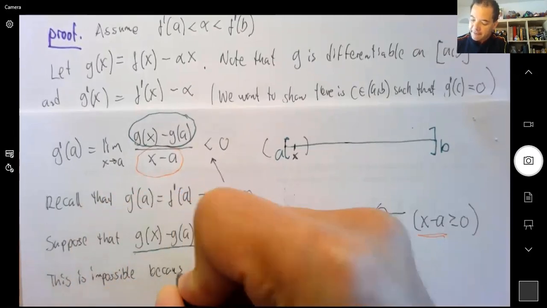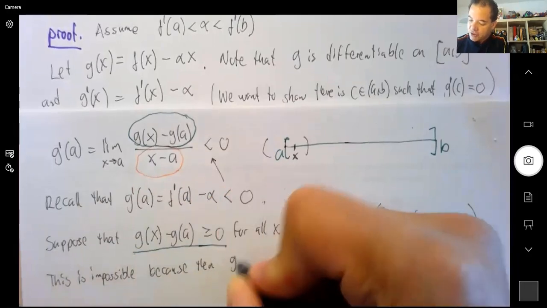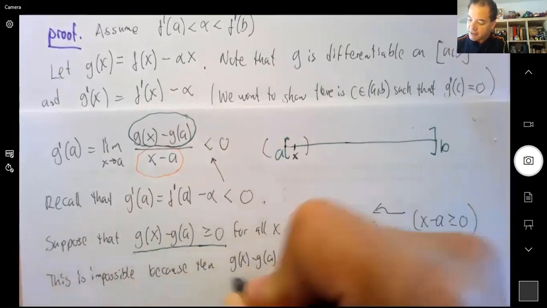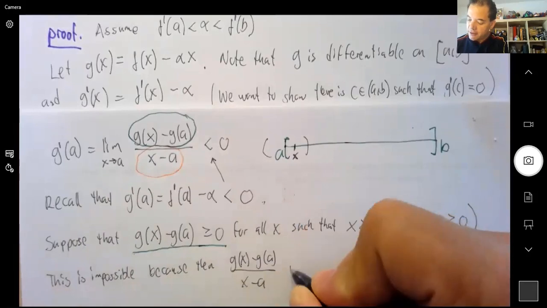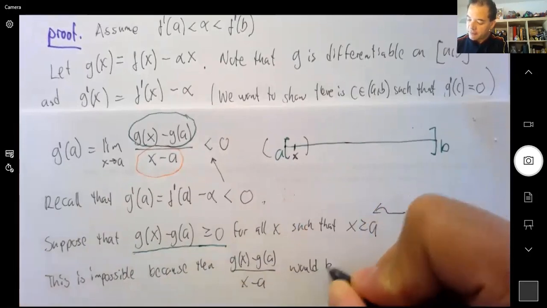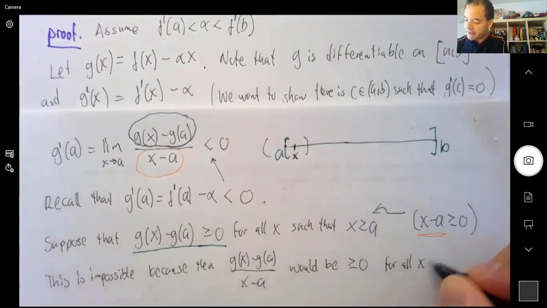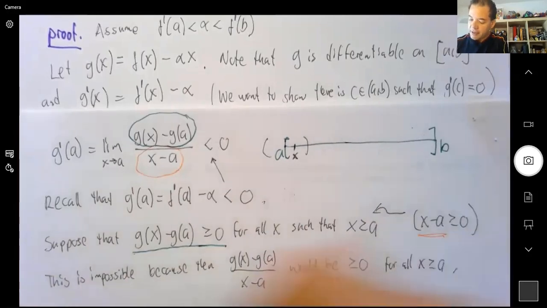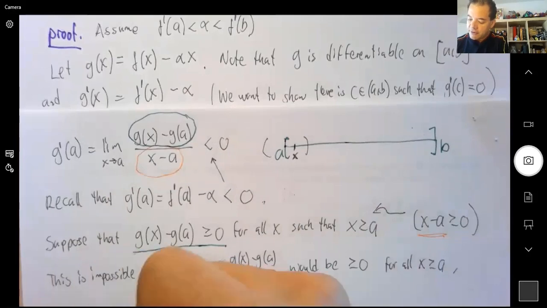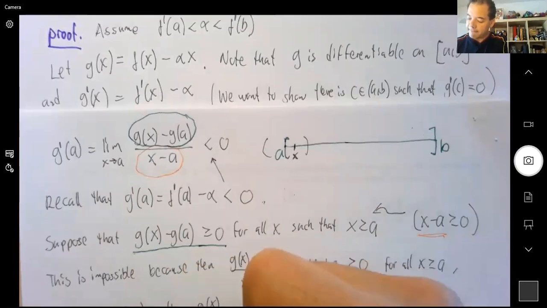because then g of x minus g of A over x minus A would be greater than or equal to 0 for all x's greater than or equal to A. And so g prime of A, which is the limit, would also be positive.